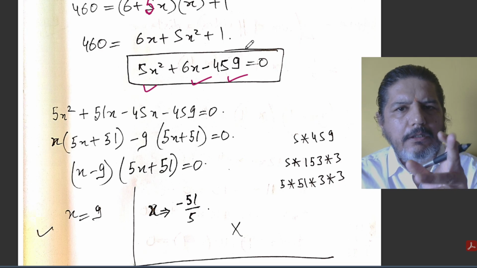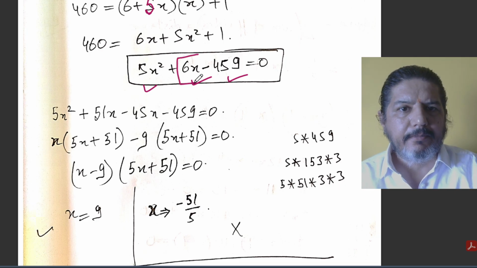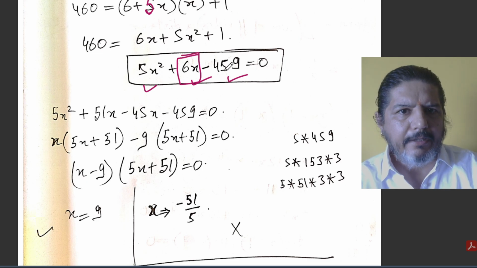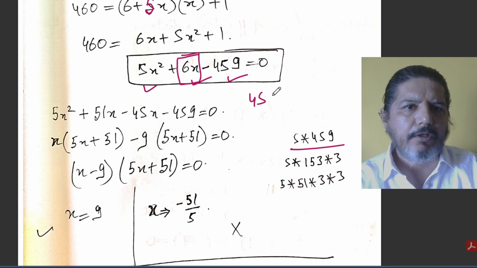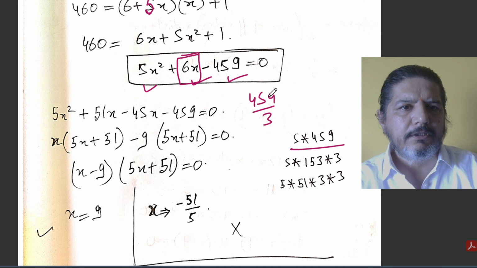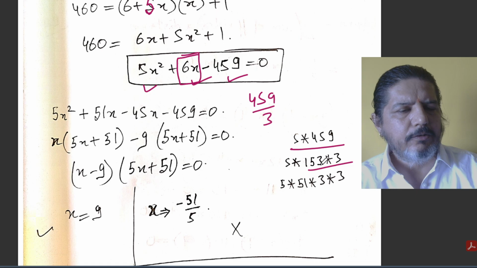But in this case, finding the split can become challenging for few questions, because I want a number which should be like 5 into 459. Now 459 is divisible by 3. So using this, you can form some factors of 459. Then you can further form the factors of 51.